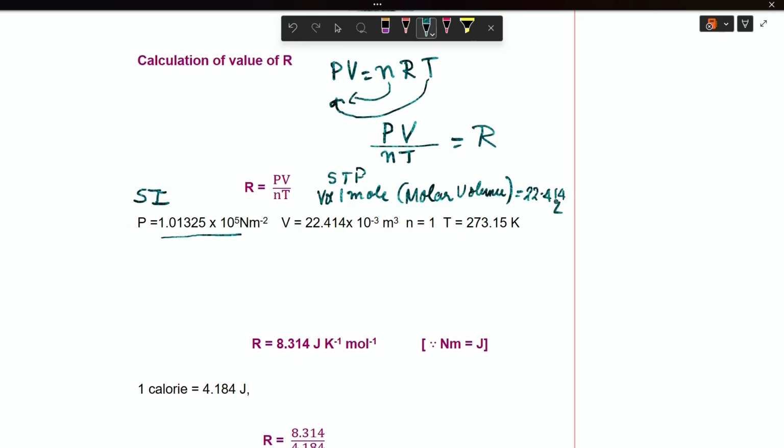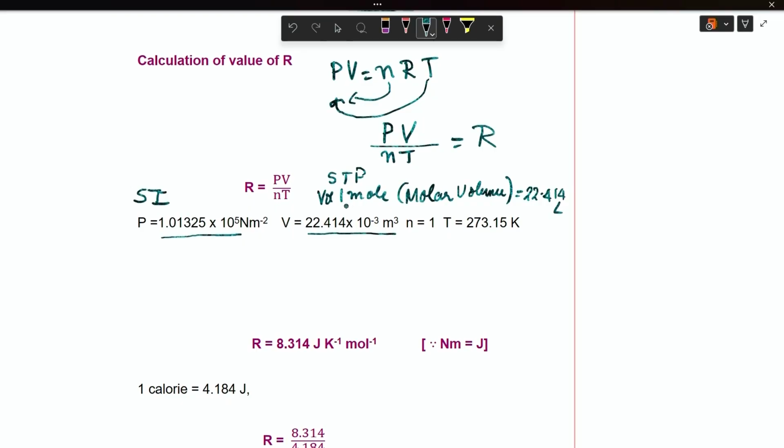Now, converting that into decimeter cube, meter cube, you have 22.414 into 10 to the power minus 3 meter cube.